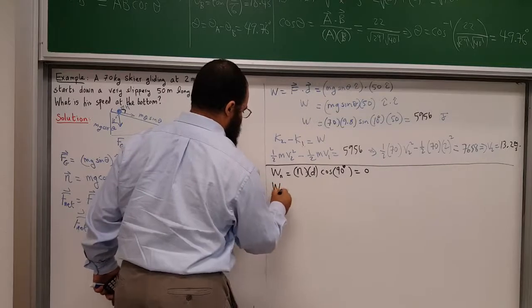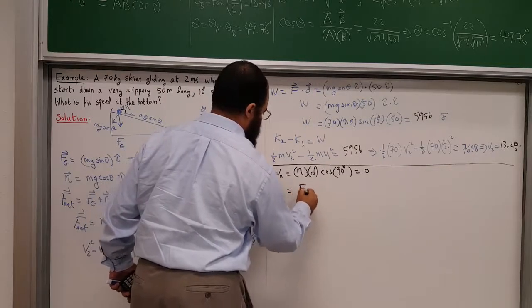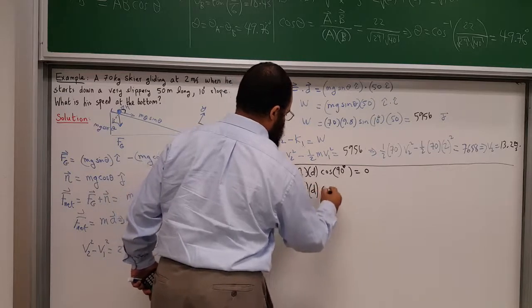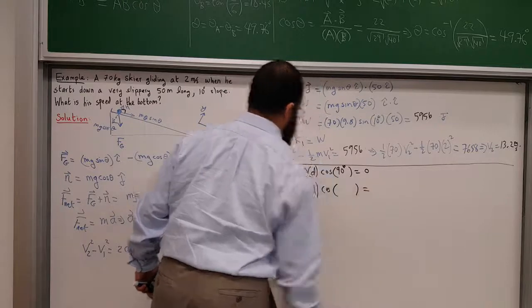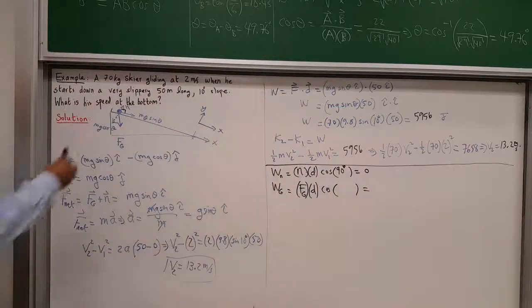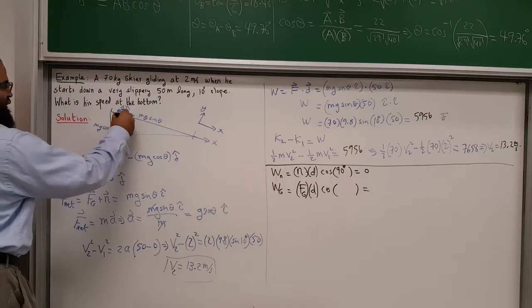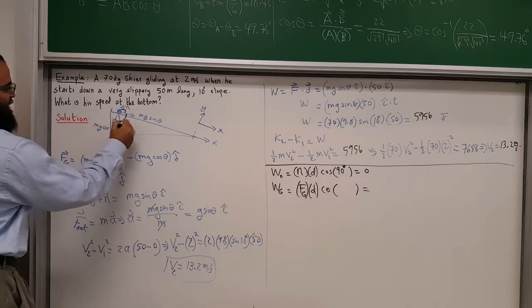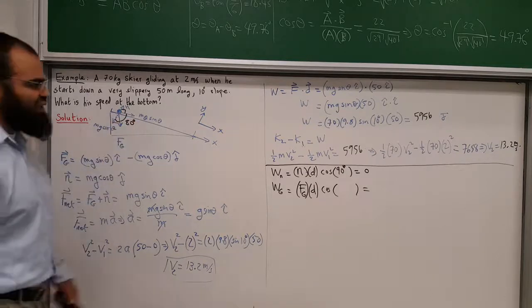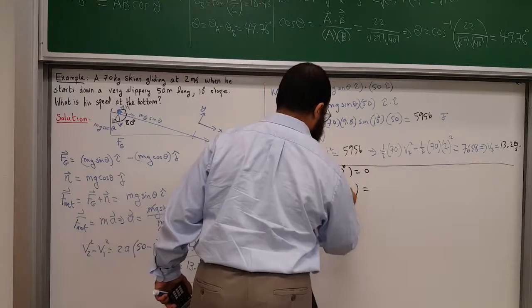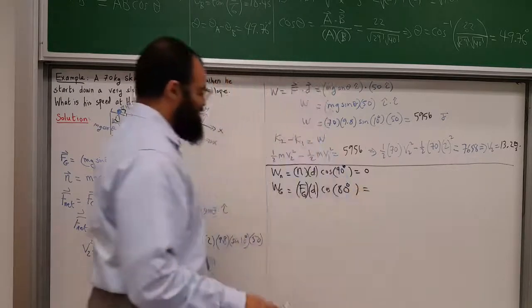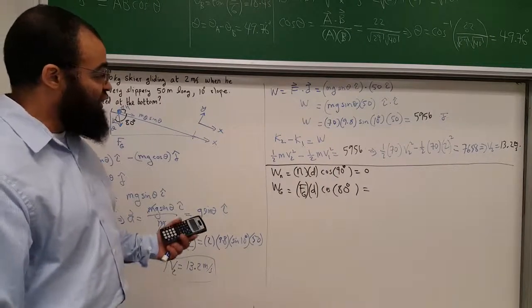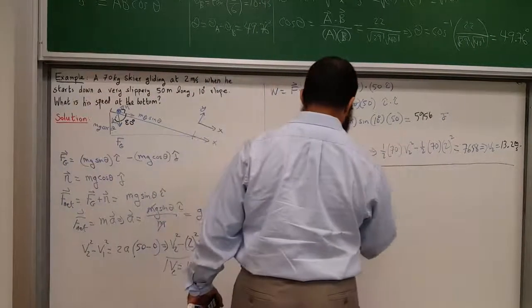The work done by gravity will be the force of gravity times the distance moved times the cosine of the angle that gravity makes with the displacement. What angle does it make? Well, gravity is this way, so what's this angle? Well, this is 90. I know this is 10, so this is 80 degrees. So gravity makes an 80-degree angle. Cosine of 80 degrees. And I'm sorry, the cosine of 80 is the sine of 10 degrees.